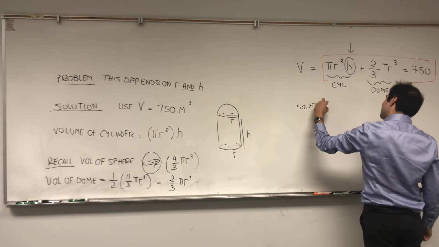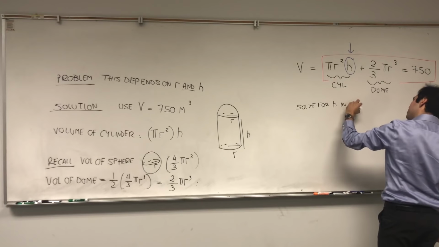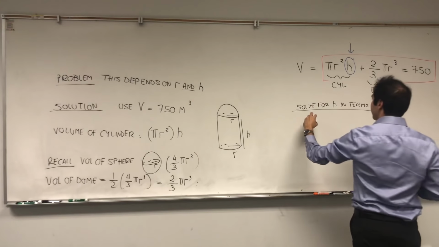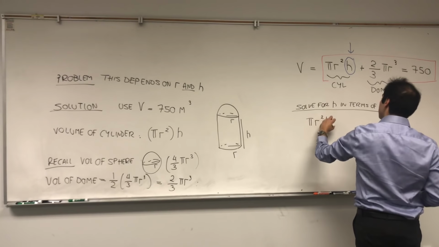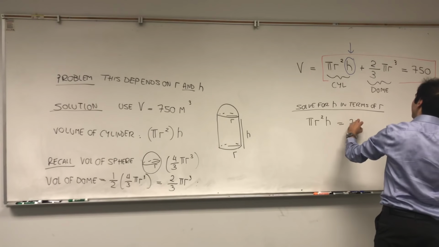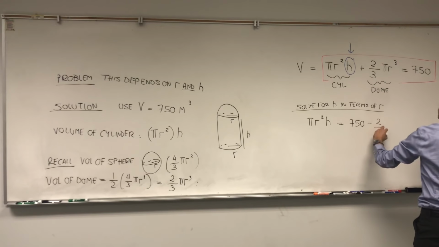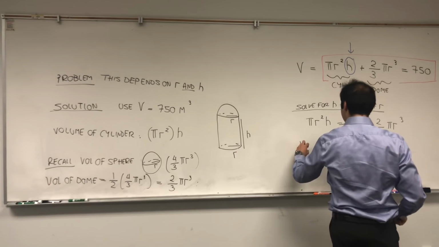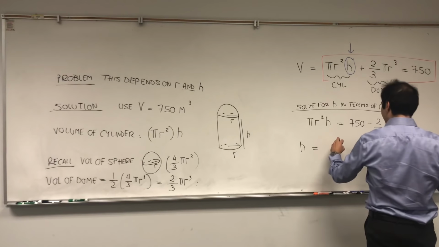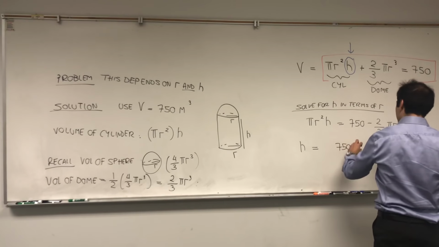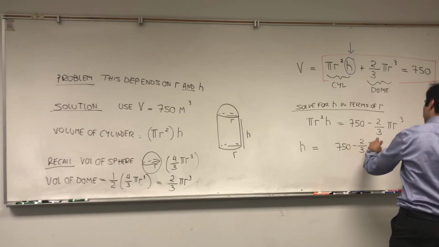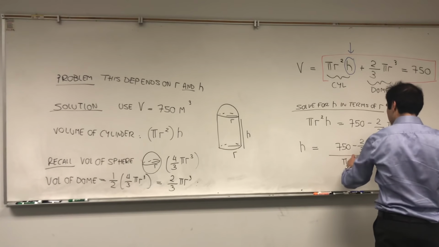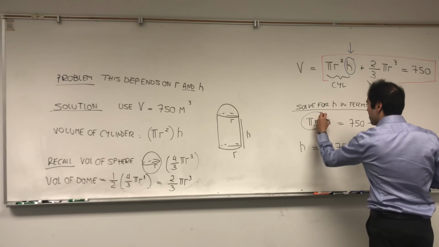So what do we get? We get pi r squared h equals 750 minus 2/3 pi r cubed. And then for h, you just divide by this. So h becomes 750 minus 2/3 pi r cubed, divided by pi r squared.